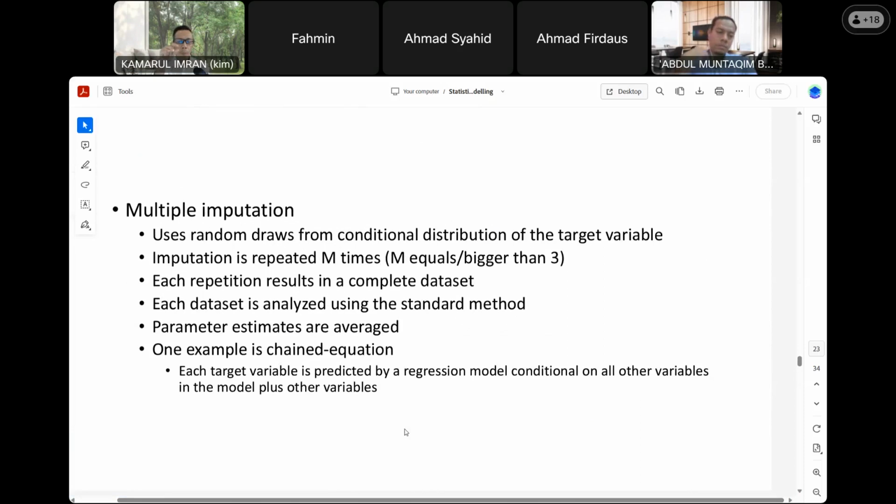So now the missing data of variable age will be replaced by a hypothetical value of variable age based on multiple imputation method. This is what we call the best method lah for replacing missing data.